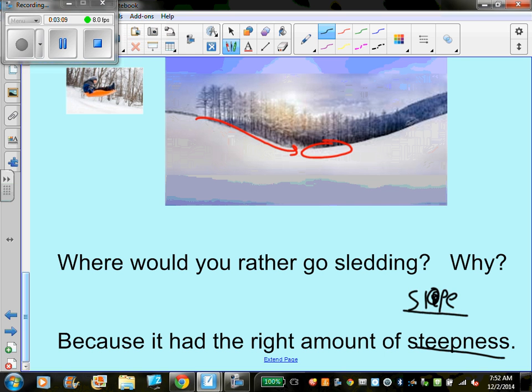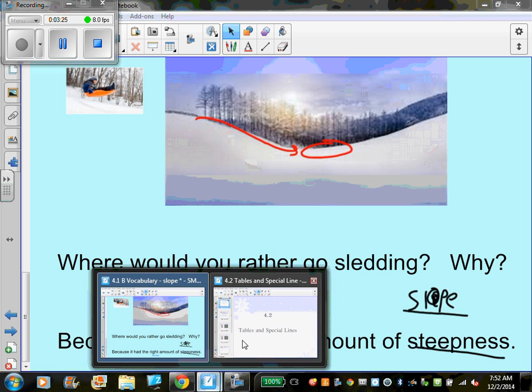And that is a vocab word, so I would put that in your vocab. Slope is steepness. And we'll be coming back to other definitions of slope later as well. This was before your note sheet, so let's move to the note sheet then.